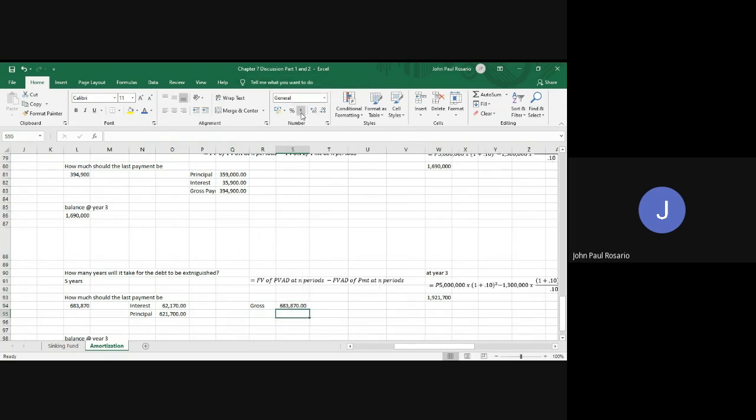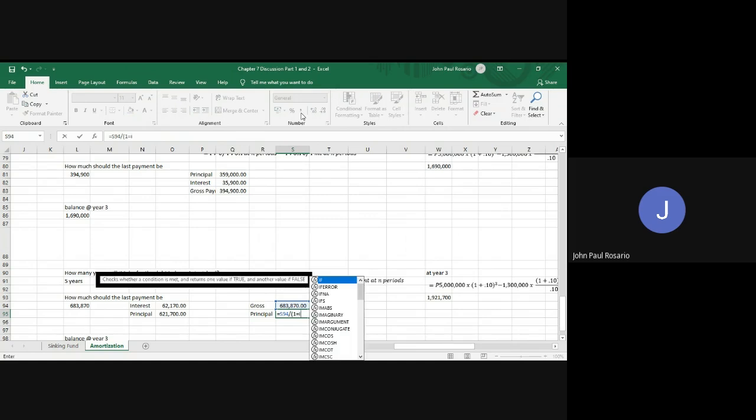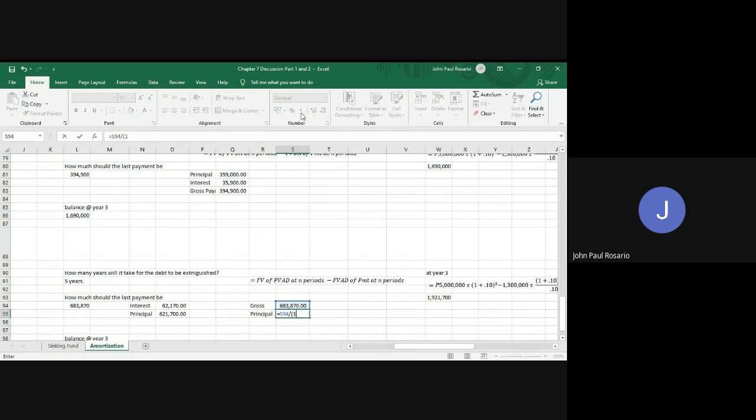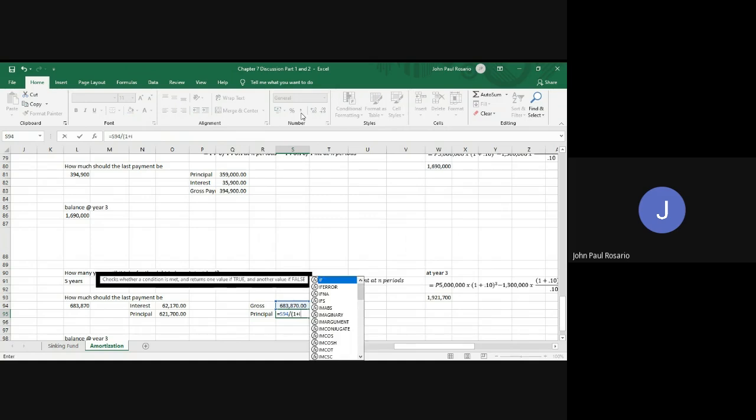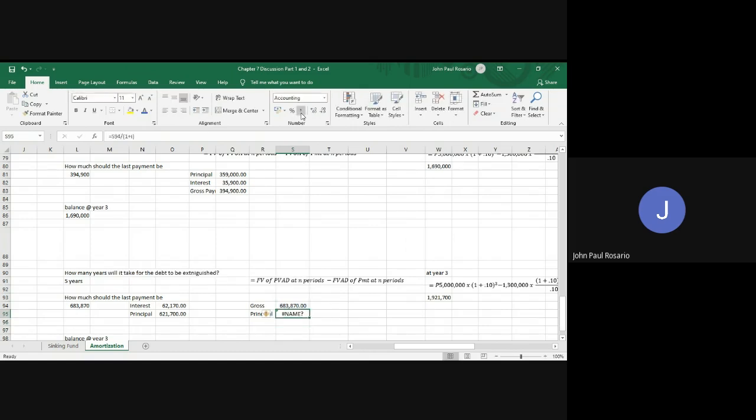For an annuity due, you have to get your principal by dividing the gross amount by 1 plus I, where I is 0.10.